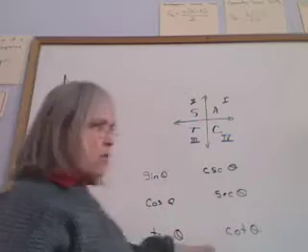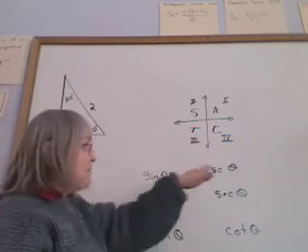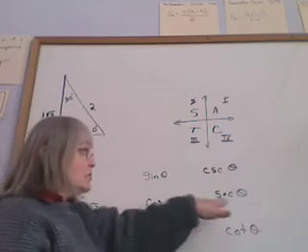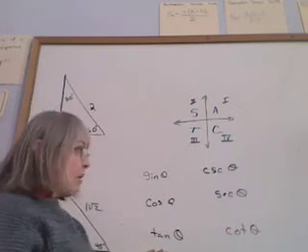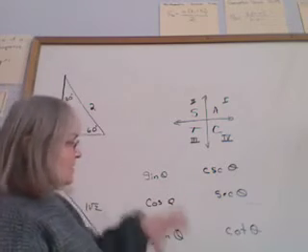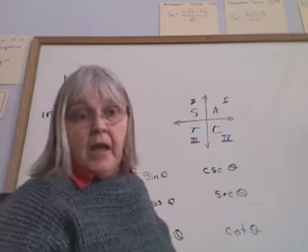Writing them in this format helps you remember that if the sine is positive, so is the cosecant. If the cosine is positive, so is the secant. Tangent positive, cotangent positive.